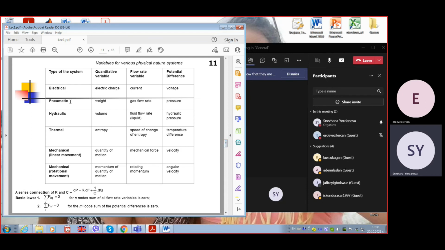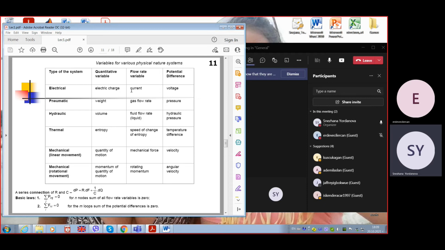these different physical nature systems have analog variables: quantitative, flow, and potential. For instance, for an electrical system, we have electrical charge for quantitative, while in a pneumatic system, the corresponding analogs are weight, volume, entropy.